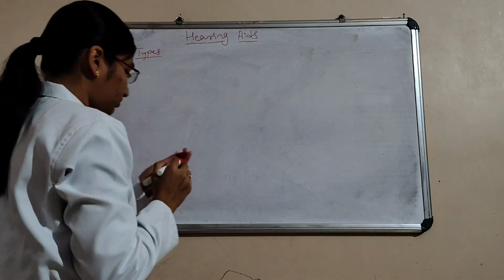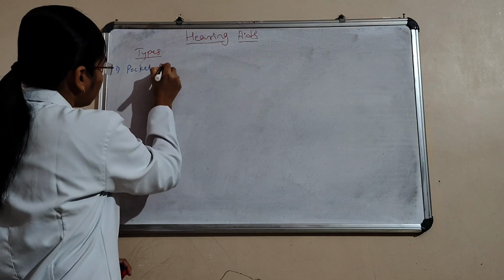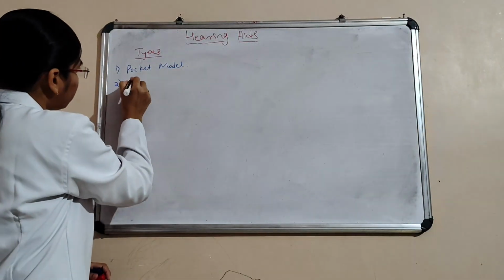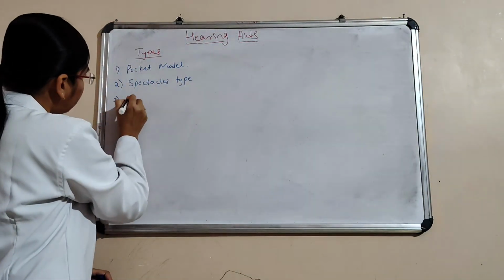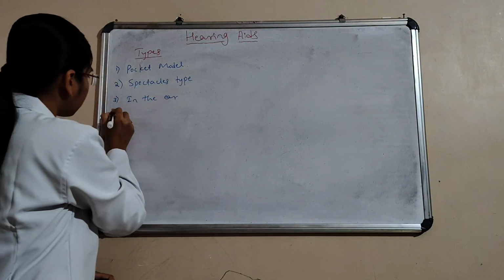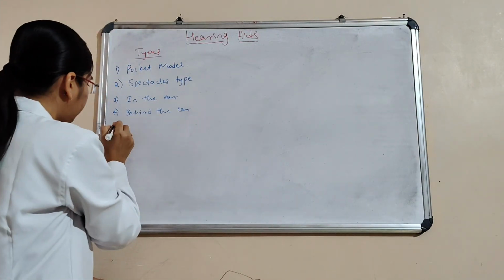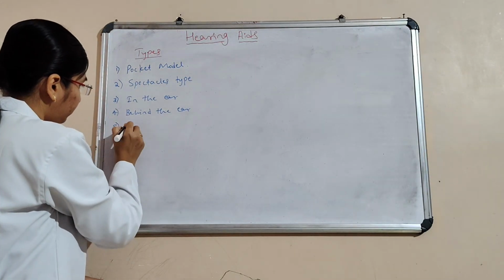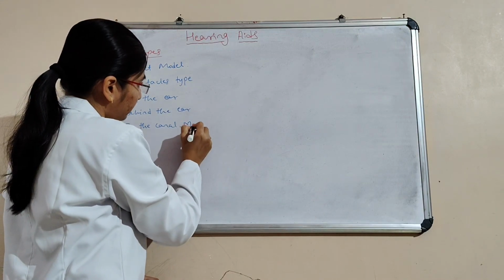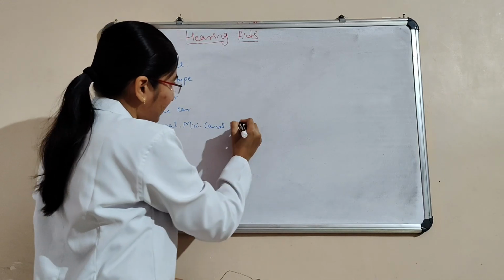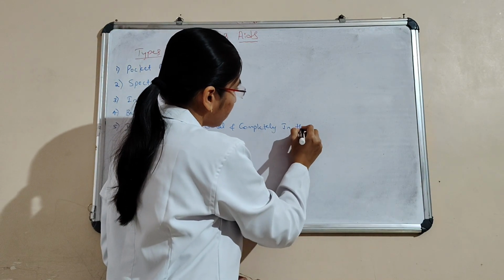We'll see the types. What are the types? First, pocket model, spectacles type, in the ear, behind the ear, in the canal, mini canal, and completely in the canal.